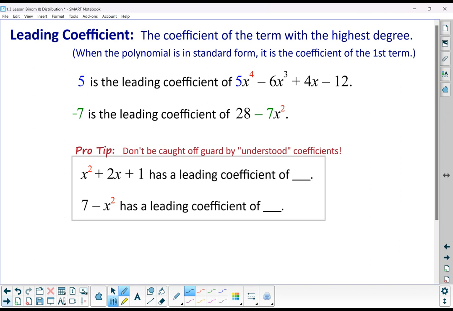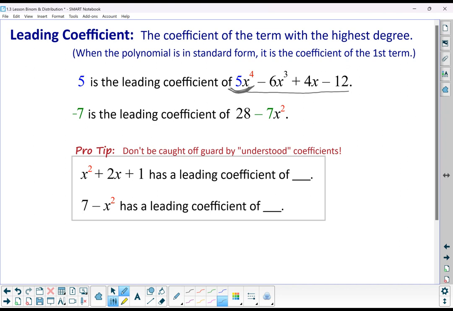It leads the polynomial, but only if the polynomial is in standard form. So for this first polynomial right here, 5x to the fourth minus 6x to the third plus 4x minus 12, you can see that this one is in standard form, and so this is my leading term. It's the most powerful term, and the coefficient of that term is 5. So 5 is the leading coefficient.